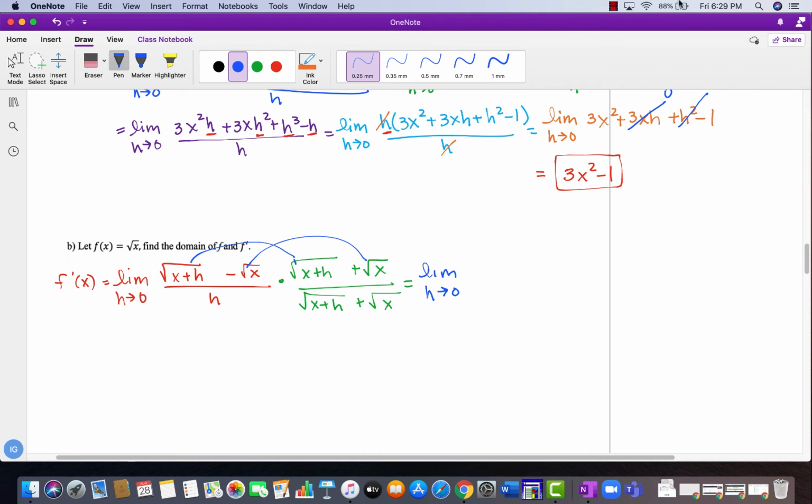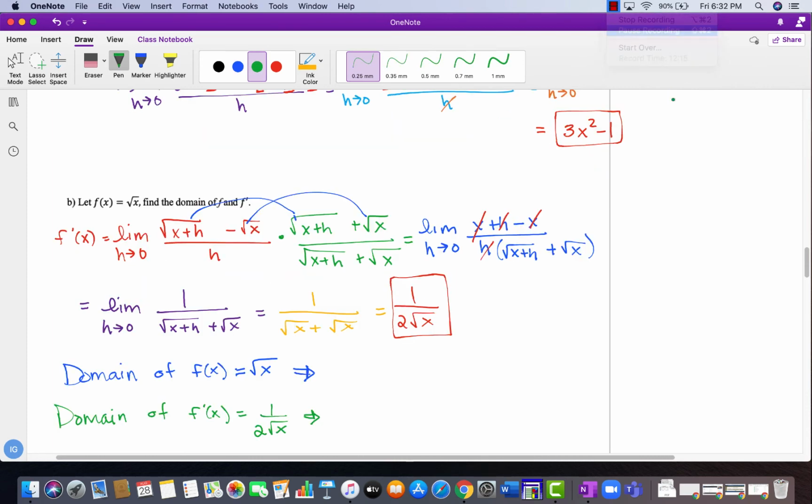So work on that, and then you can check your answer with me. All right, so after you simplify, we end up with this here. Remember, h goes to 0 because you're taking the limit as h approaches 0. So we end up with 1 over 2 square root of x.